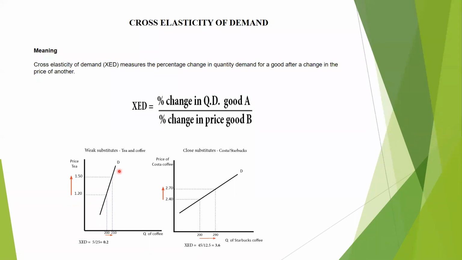It has a positive relationship between the price of tea and the quantity demanded of coffee. If you check, the percentage change in the price of tea is greater and the percentage change in the quantity demanded of coffee is lesser. The elasticity of this demand curve is relatively inelastic.